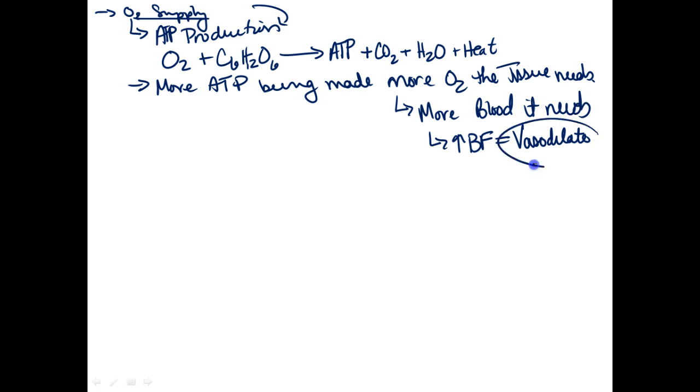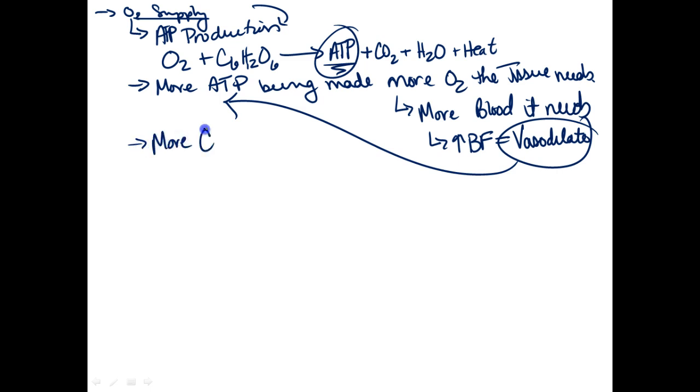So the question becomes, how can we get vasodilation from more ATP? We can't measure ATP as our way of increasing or decreasing blood flow because it disappears so quickly. But remember, at the same time we're making ATP, we're also making more CO2, are we not? We're also making more heat.